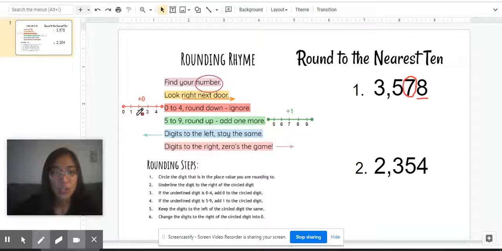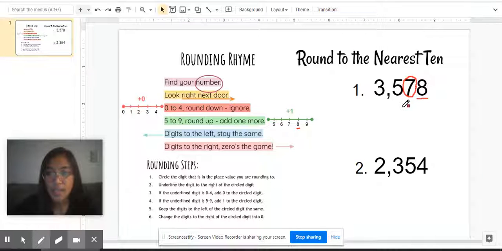We have 0, 1, 2, 3, 4, and no 8 here. So let's move on to the next part of the rhyme. 5 to 9, round up, add one more. And if I look at my number line, 5, 6, 7, 8, 8 is right there. That means this is the part that I'm looking for, and it tells me to add 1. I have to add one more.